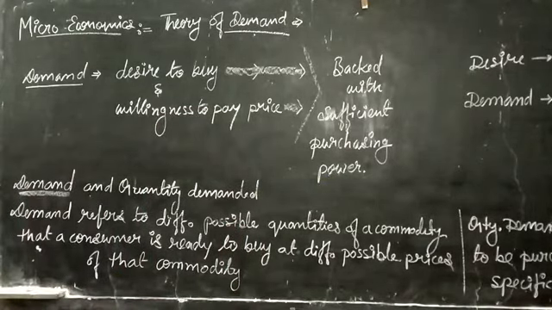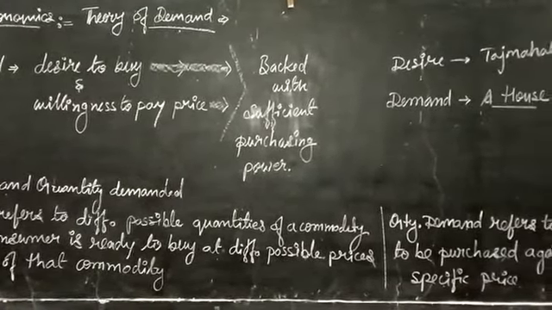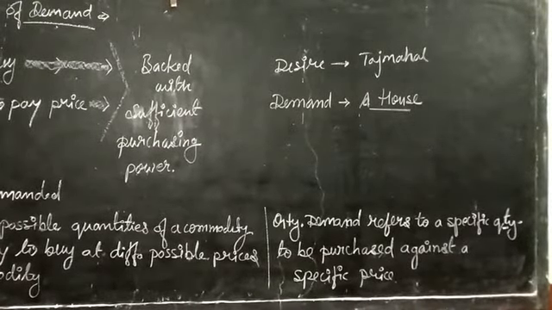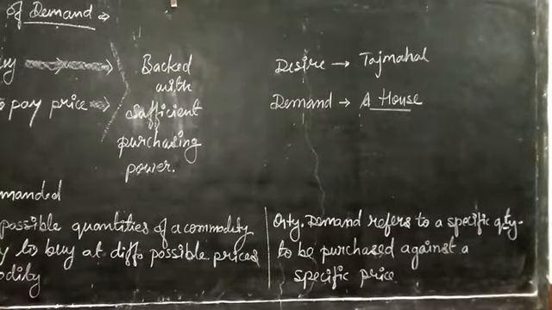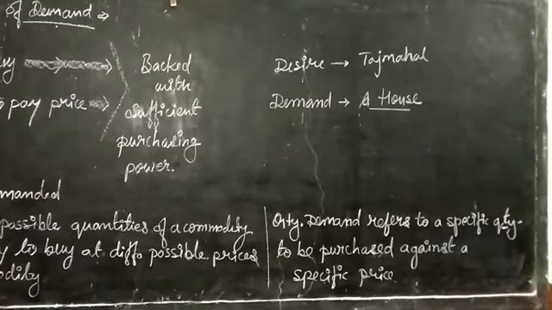Demand and desire are quite different in our economic concept. As desire, I can desire anything, but it is not necessary that it is backed with my purchasing power. Like I want to live in the Taj Mahal, or in a castle, or in the White House, that is a desire.